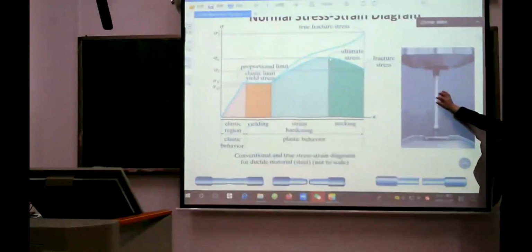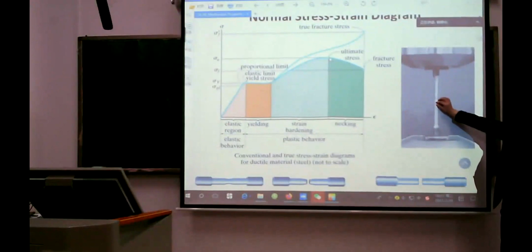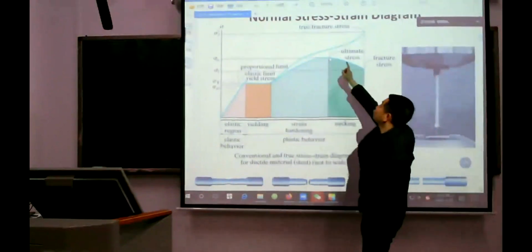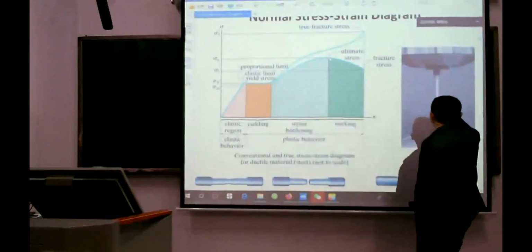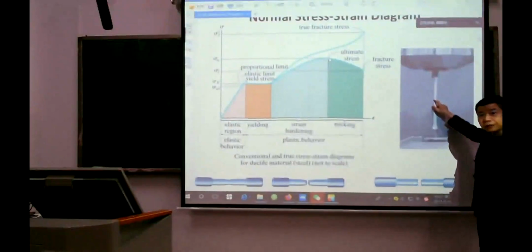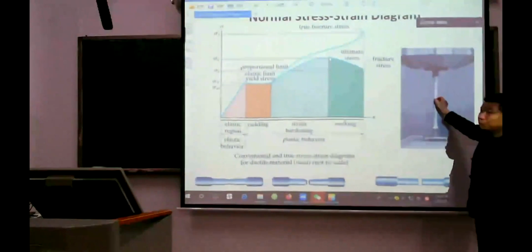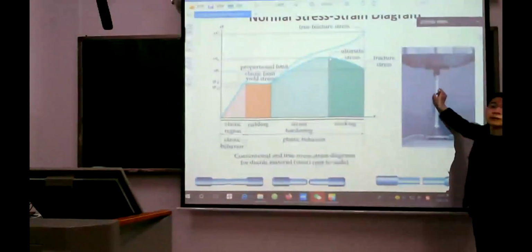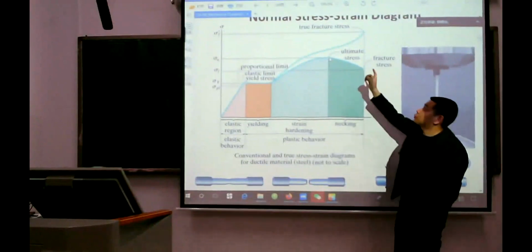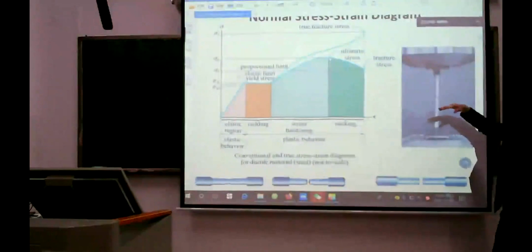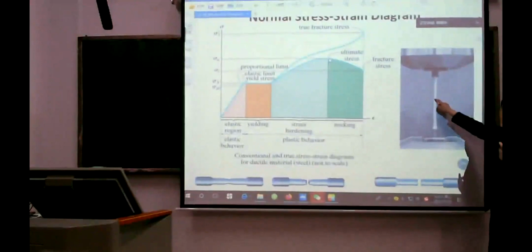It means necking appears. The true fracture stress is the load divided by the true area, because the area is less than its original area.